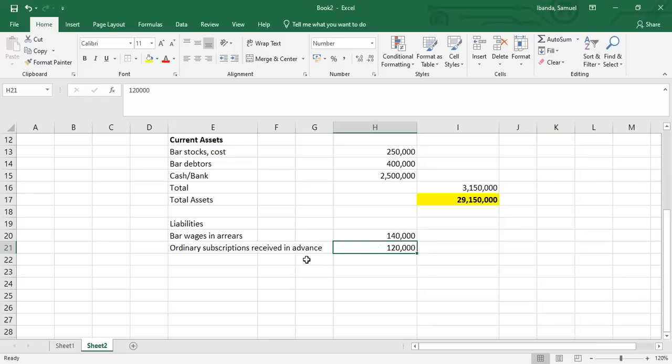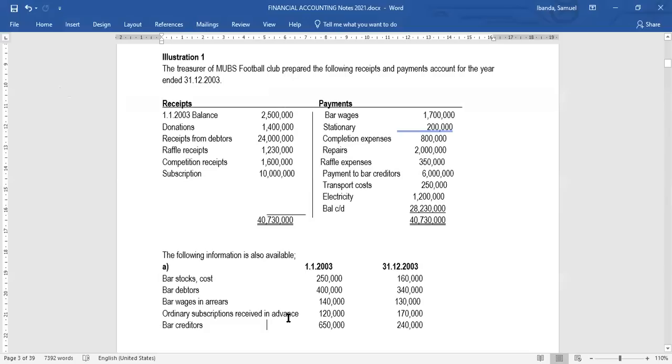These are mostly current liabilities. I'll see if I have any non-current liability to record. So bar creditors, these are also liabilities.